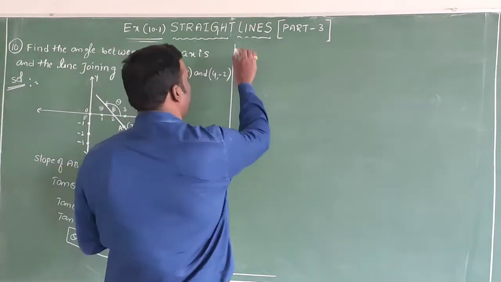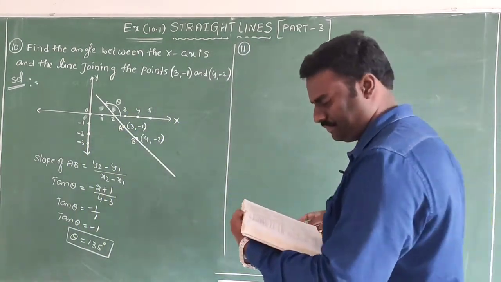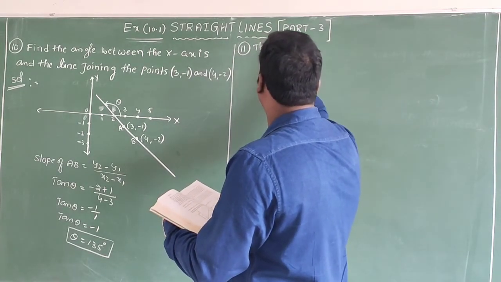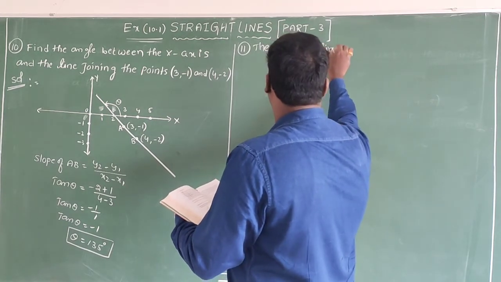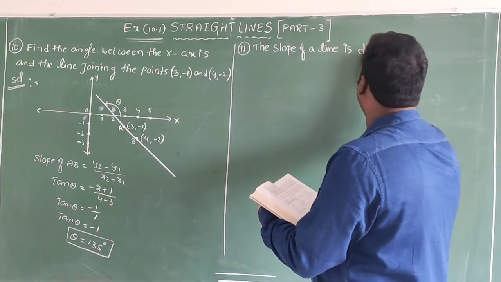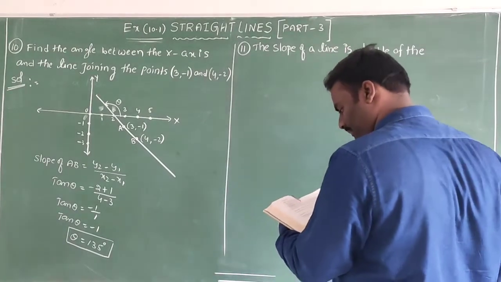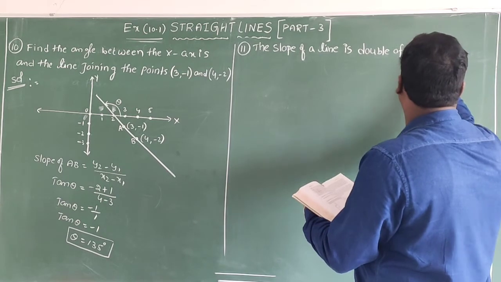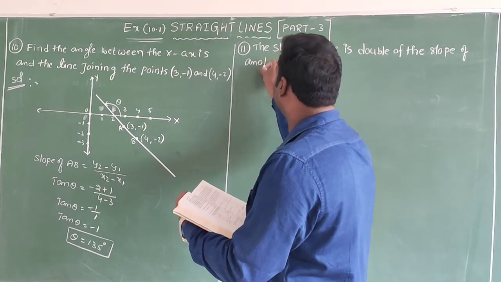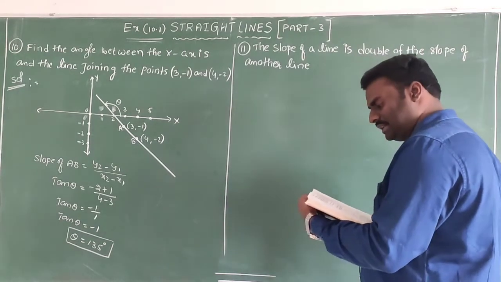Next, the 11th question we will discuss. The slope of a line is double the slope of another line.